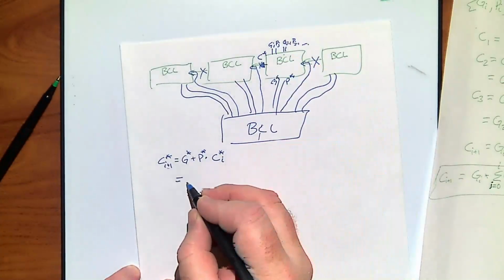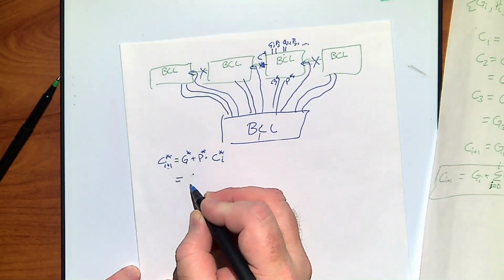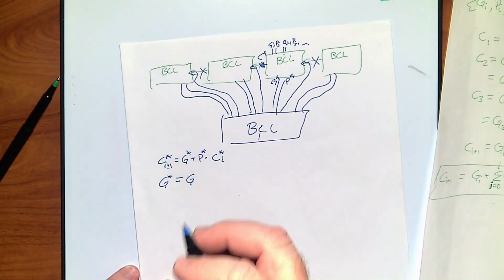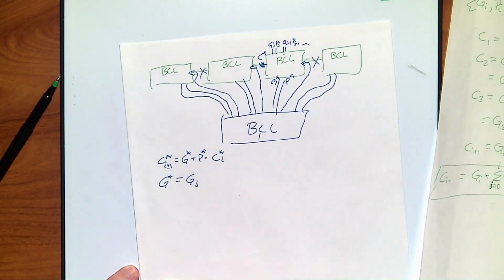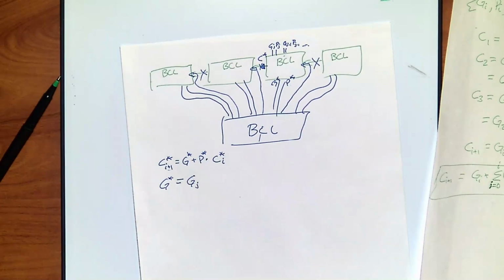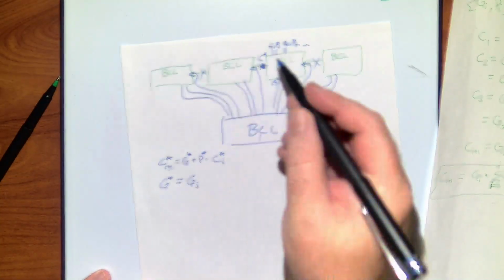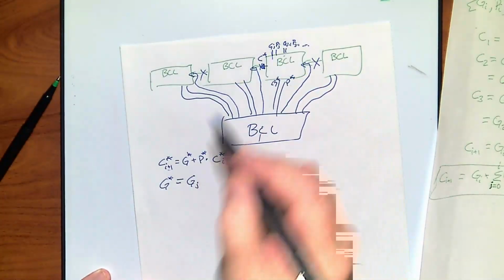If the very last stage had a generate, I would definitely get G star, whatever that last stage was, GJ, where J is how many bits you have. It's four bits here, so J is three, and so on. It's just the very last one. If it generates, you've got a generate.